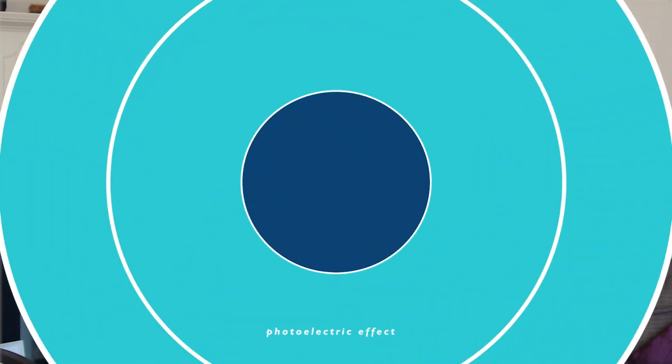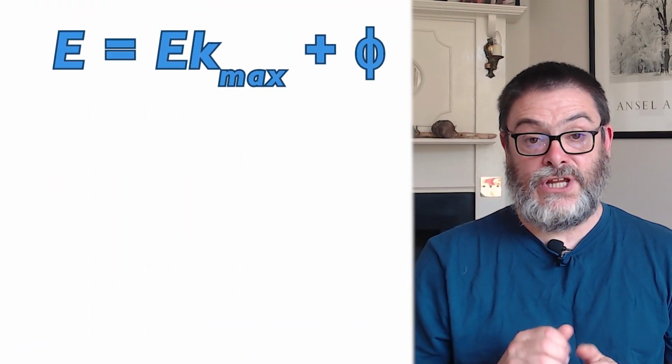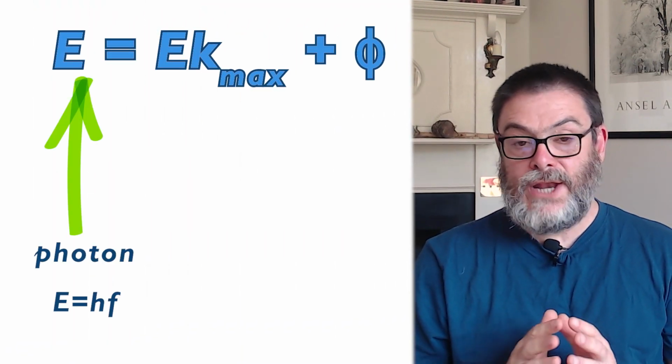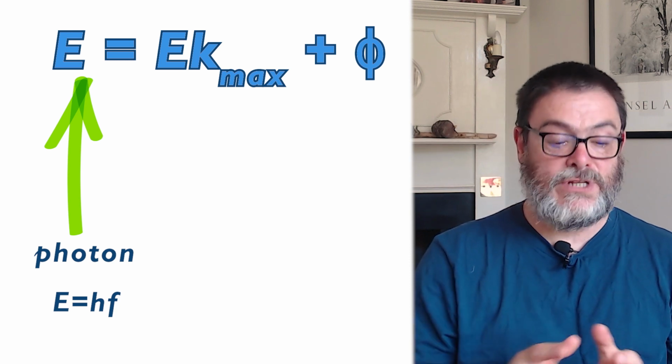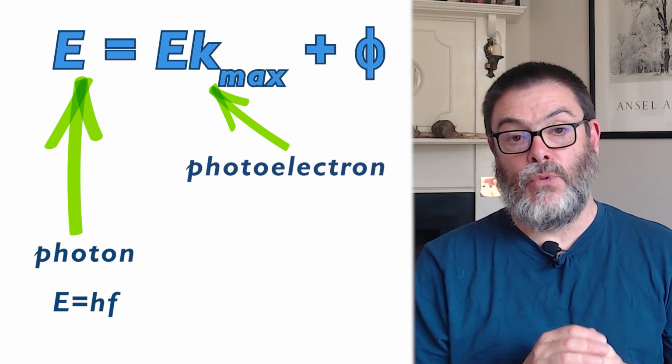The value of the maximum kinetic energy increases as you increase the frequency of the radiation. Since the work function is fixed for a metal, this really shouldn't surprise us at all. The photon gives the delocalized electron more energy if it's a higher frequency, so more is left over once it's overcome the work function, meaning more kinetic energy.